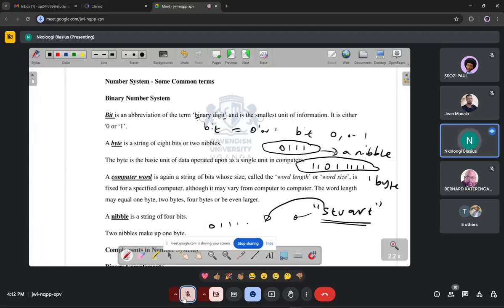For example, assuming this will be the value for S, another value for T, another value for U. Ideally, everything will be stored in terms of bits. So for you to call it a computer word, you need to know the number of bits. That's why we say it's a string of bits whose size is actually known. We have talked about the nibble already.